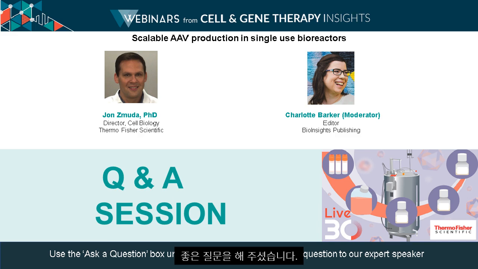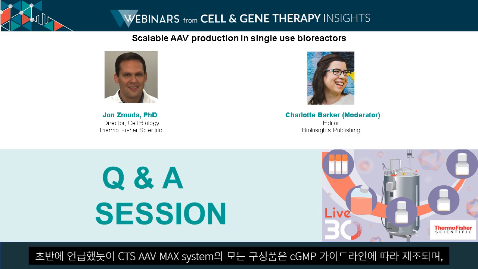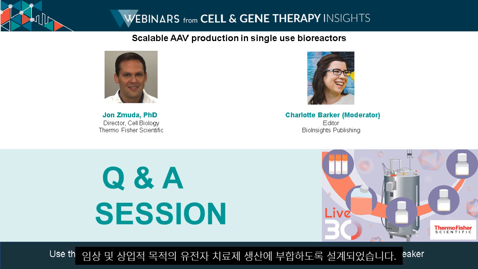So another great question. As I mentioned early on in the presentation, all of the components of the AAV-MAX system are manufactured under cGMP. However, the CTS branding, our cell therapy systems branding, so the CTS AAV-MAX system, those products are designed to enable clinical and commercial gene therapy manufacturing.